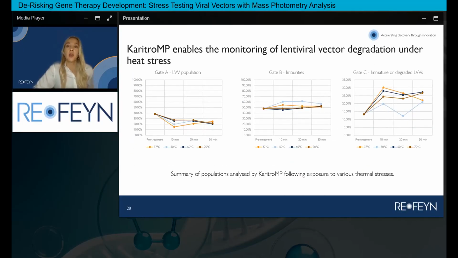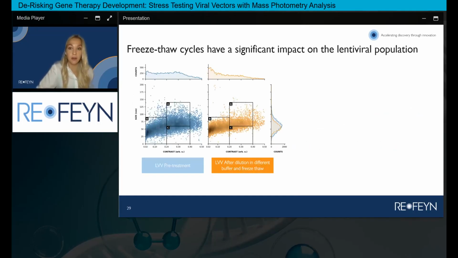Now, this is just a summary of all the populations analyzed by Caritro following exposure to various thermal stress. We can see a clear trend of our lentiviral vector population decreasing, and a very sharp increase in impurities and in degraded lentiviral vectors.